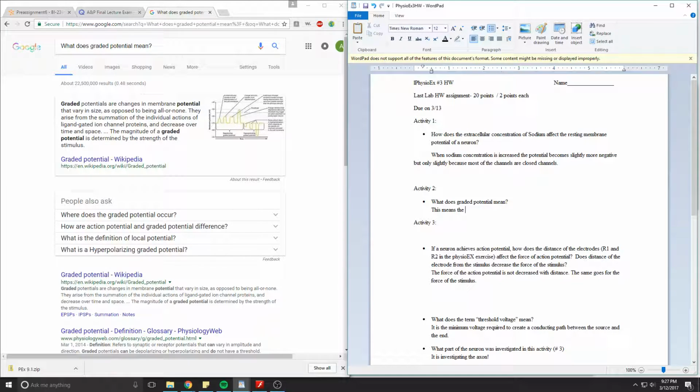The membrane potential. Changes in membrane potential vary in size instead of being all or none.